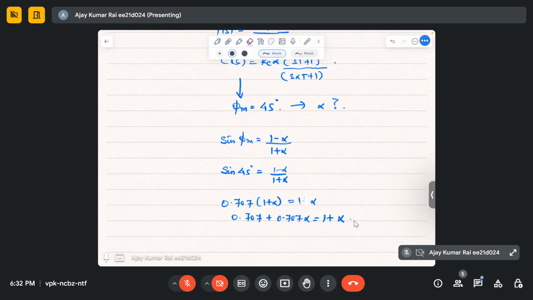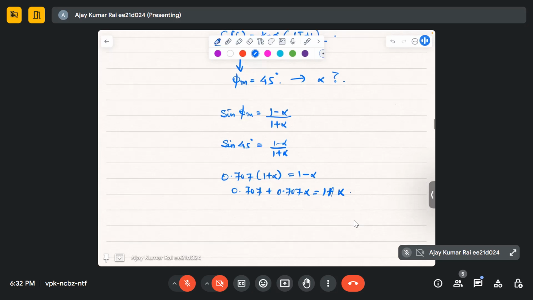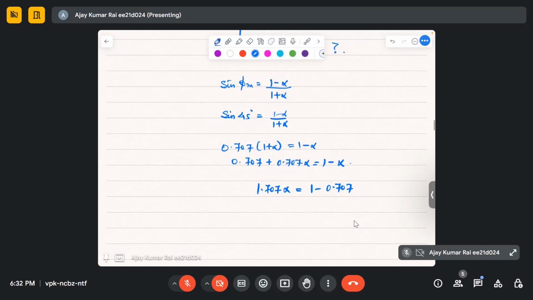Correct, correct. Thank you. That's why, because I was getting alpha negative. Okay, correct. So then you'll get here 1.707 alpha and 1 minus 0.707 alpha. So please find out the value of alpha here.